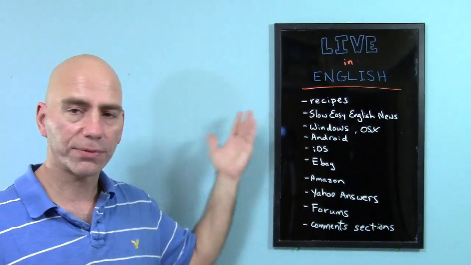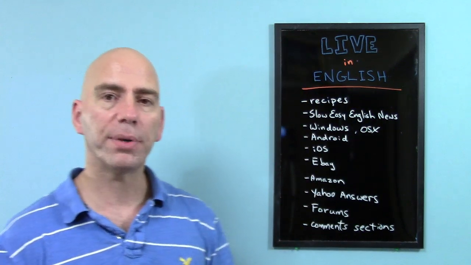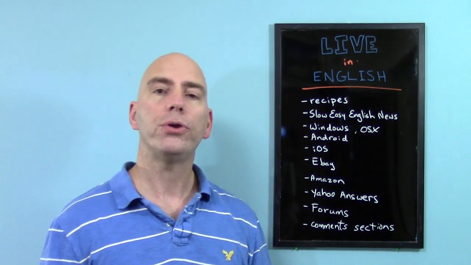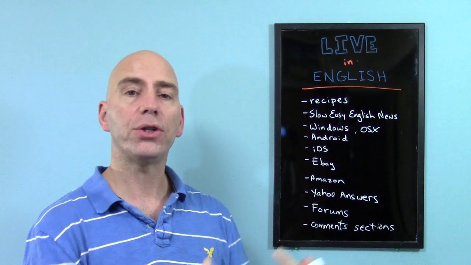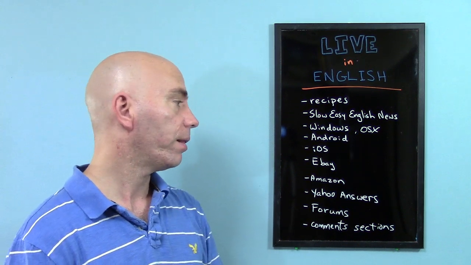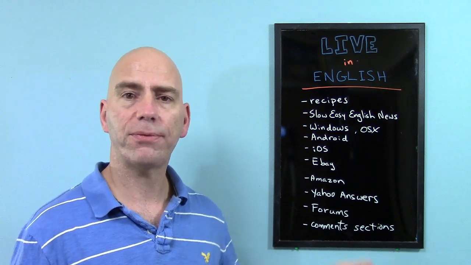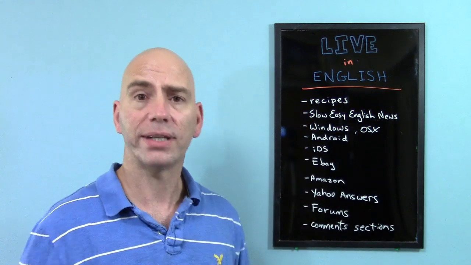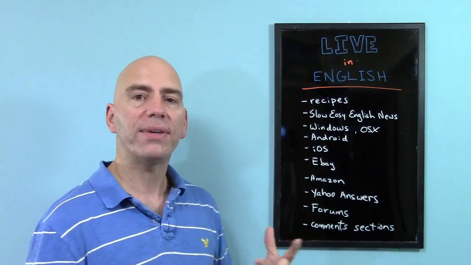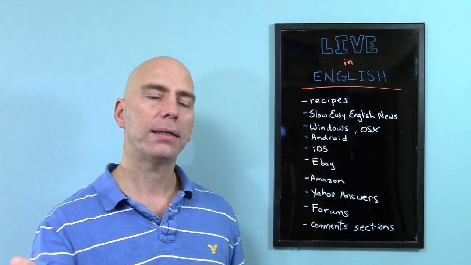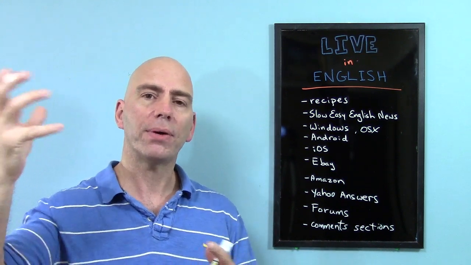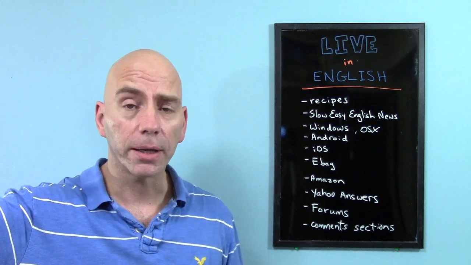So this, of course, is not everything, but here are quite a few ideas on how you can use English in your everyday life. And they're small steps. You don't have to do everything today, but the more you do, the more you're living in English, and when you do this, you stop thinking about English as a hobby.